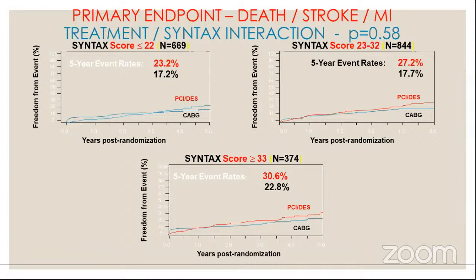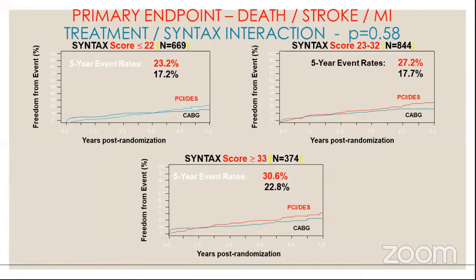They had a rate of 23.2%, and people with CABG 17.2%. And SYNTAX score of 23 to 30: PCI patients had an event rate of 27.2%, and CABG patients had a rate of 17.7% after a follow-up duration of 5 years.